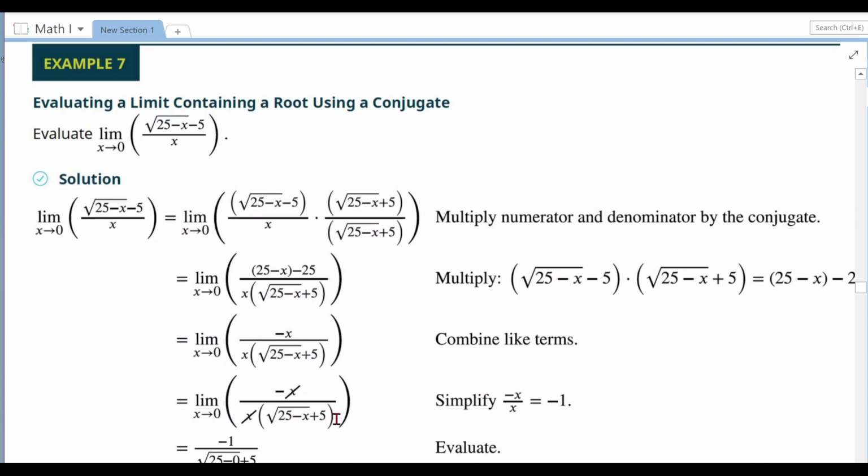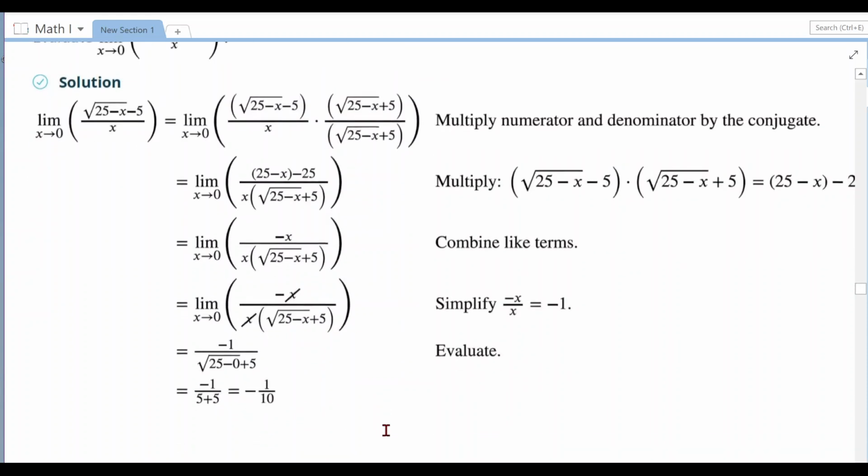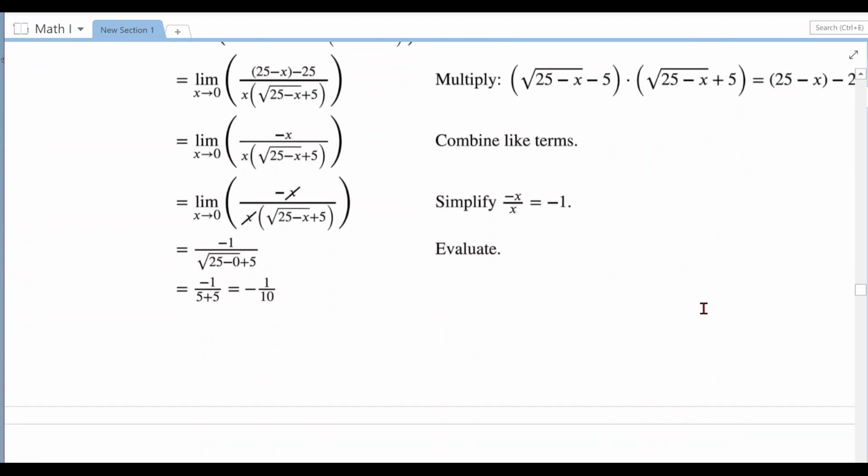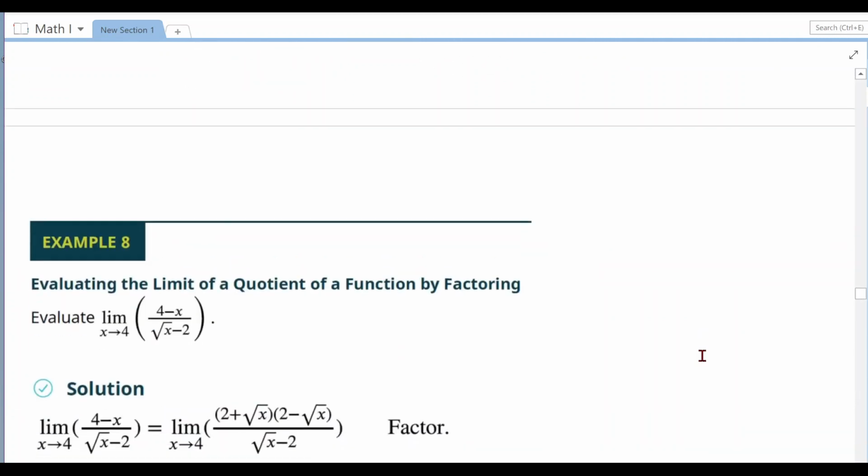So we can substitute directly the value of x to 0, so we get negative 1 over square root of 25 minus 0 plus 5, negative 1 over 5 plus 5, or negative 1 over 10 as the value of the limit.